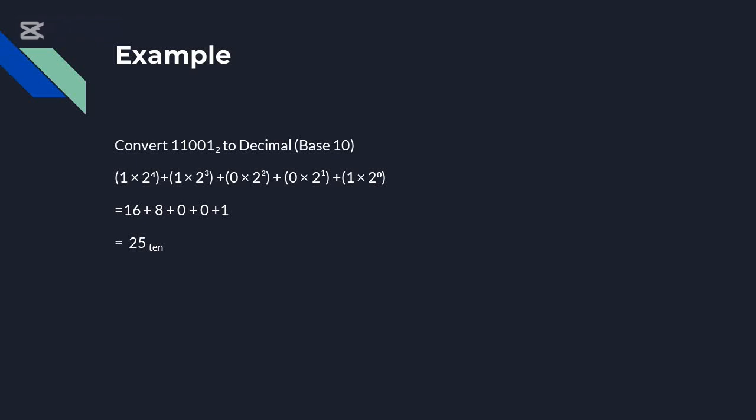Then 2 to the power 3 is 8, and times 1, that's 8. A number multiplied by 0 gives us 0. Then 1 times 2 to the power 0, any number to the power 0 is 1. So 1 times 1, that's why you're seeing 1 appearing here. So 16 plus 8 giving us 24, 24 plus 1, 25 base 10.